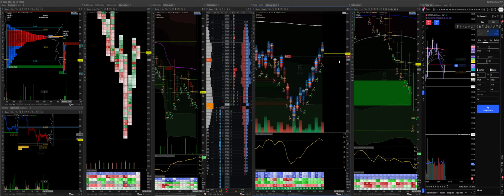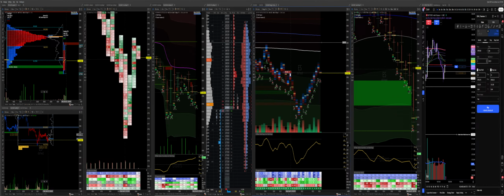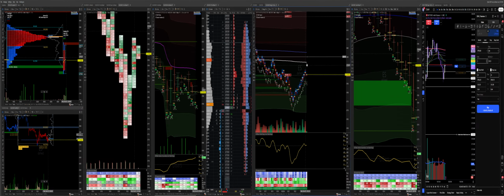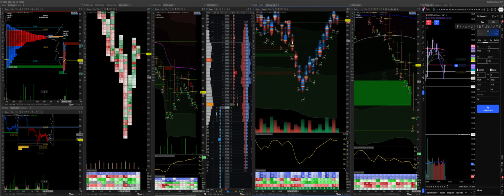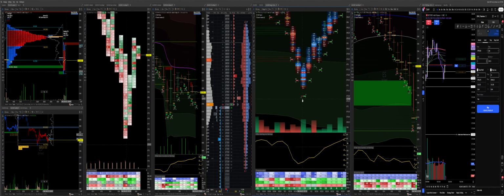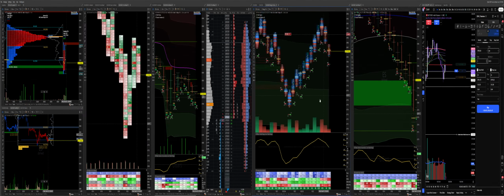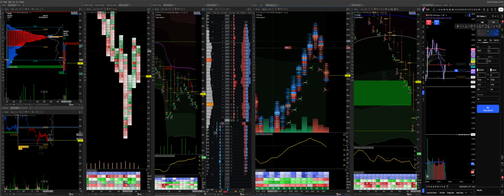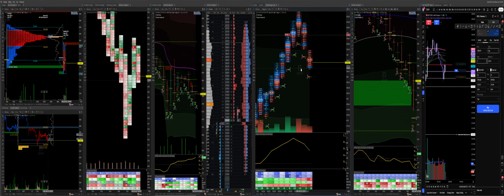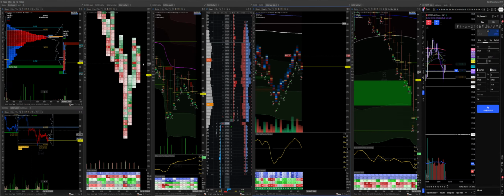Might come back and defend it. This is actually a perfect example of a V in order flow. See the highest volume here at the bottom, the highest delta. No, maybe not delta. It did get rejected, 793. Our analysis is actually sticking pretty good.